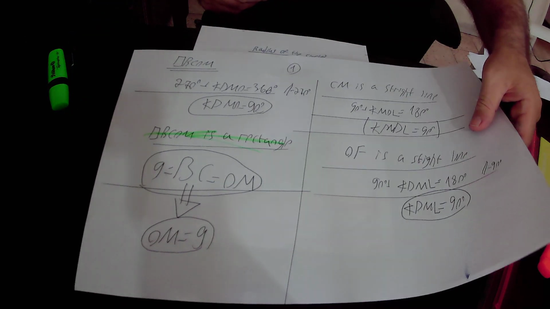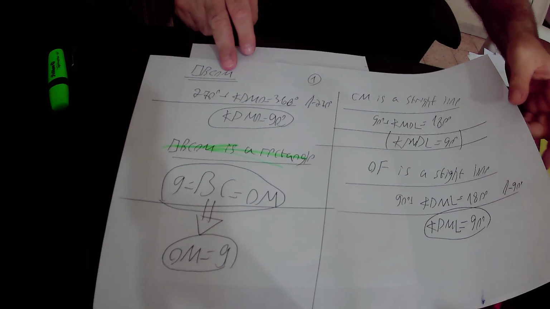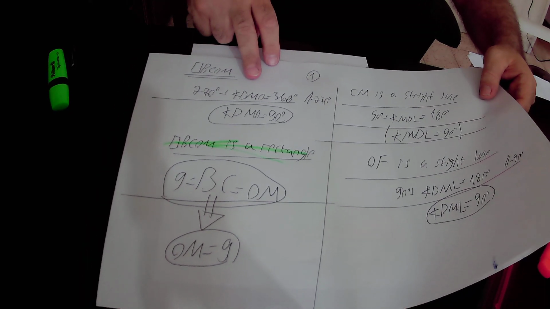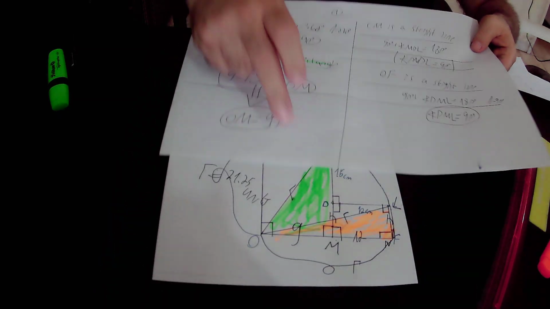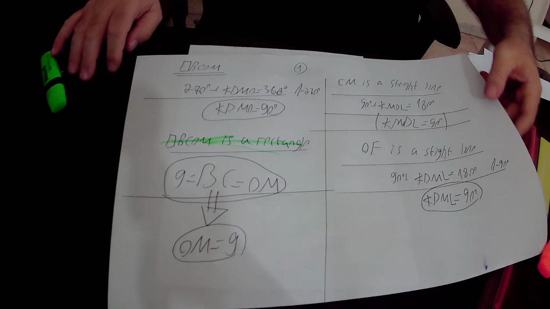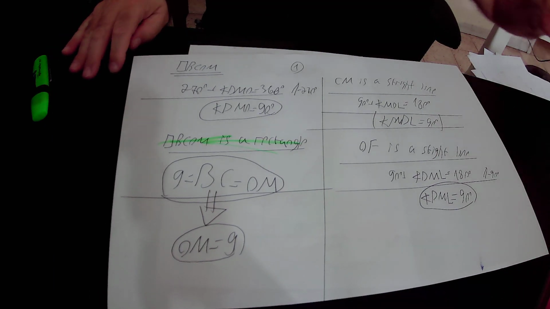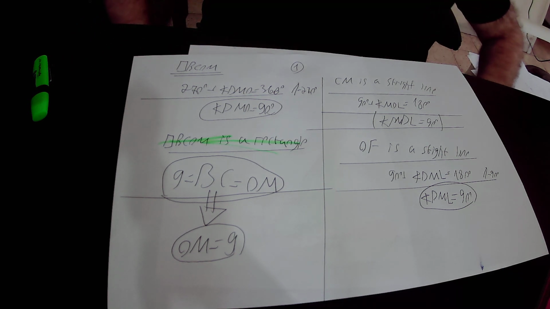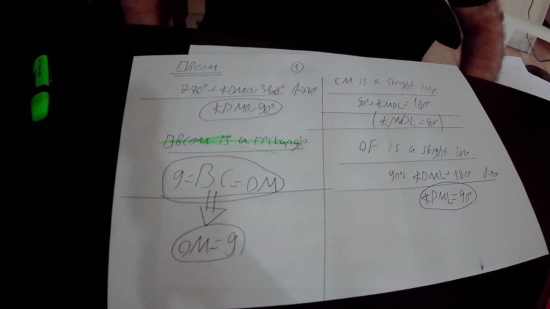The sum of 3 right angles is 90 times 3, which is 270 degrees, plus the fourth angle, angle DMO. In total, the sum of those 4 angles must equal 360 degrees, according to the rule that the sum of the angles in any quadrilateral is equal to 360 degrees.